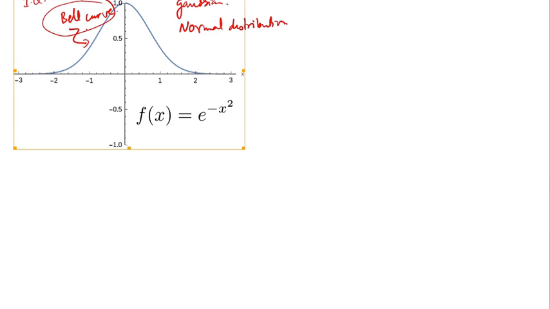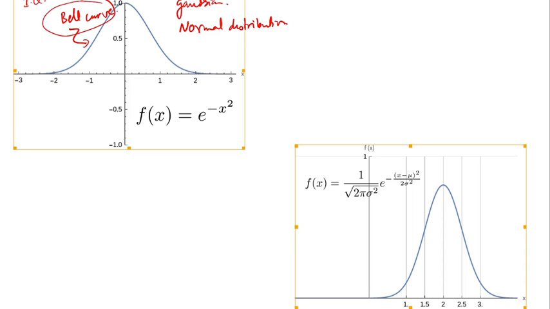The exact form of the Gaussian I am showing here. This formula goes as e to the power of x minus mu. Mu is basically an average value, which corresponds to the peak. For example, in this particular graph, the mu value is taken to be equal to 2.